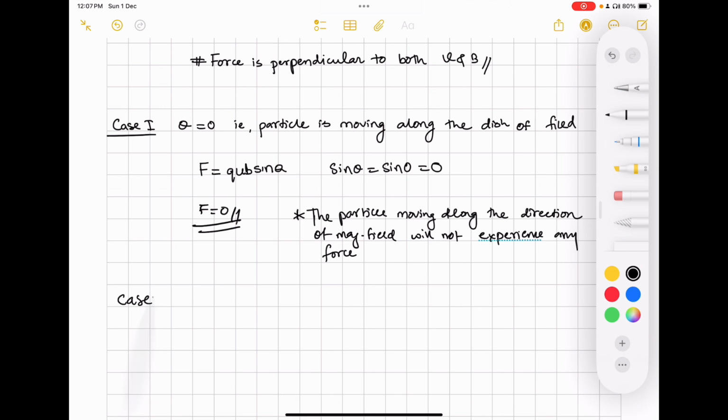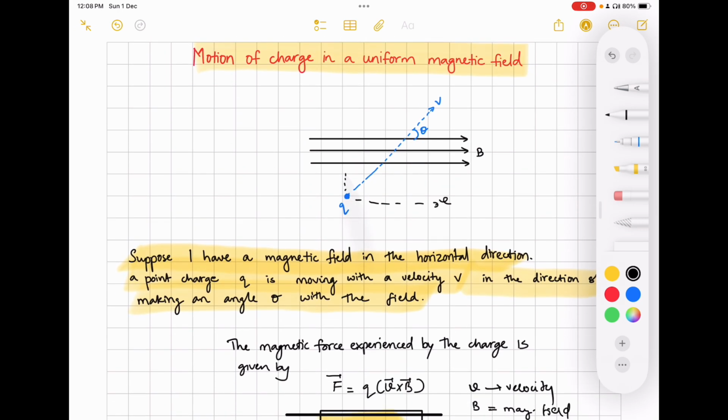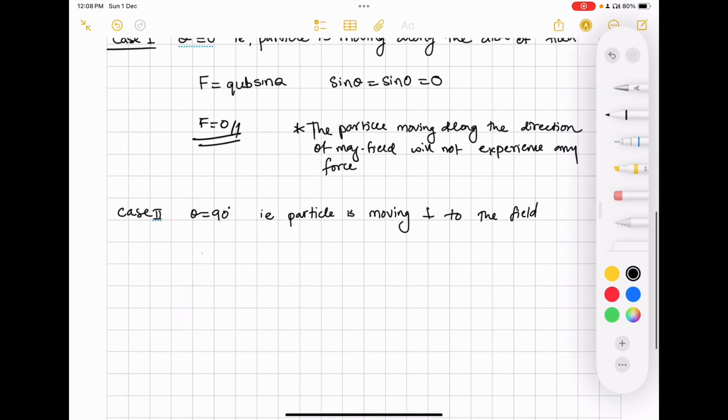The second case is theta equal to 90 degrees. That is, the particle is moving perpendicular to the field. We can write F is equal to QVB sine theta, where sine 90 is equal to 1.